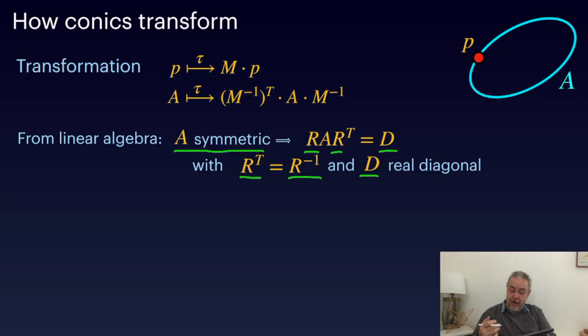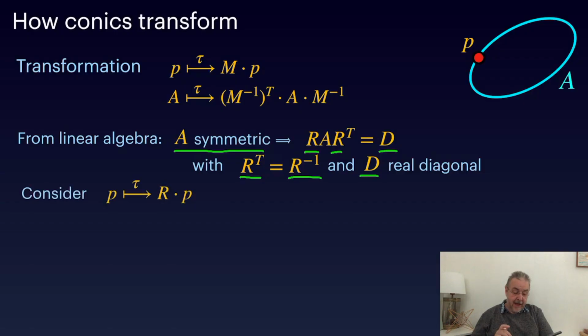If you combine this with our knowledge about transformation of matrices, you see that you can take the matrix R transposed to be the matrix M to the minus 1 here, and the matrix R then is M to the minus 1 transposed.